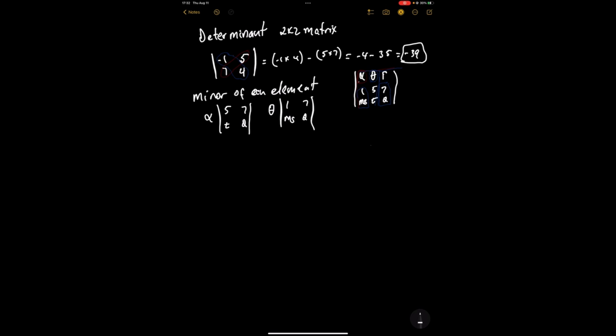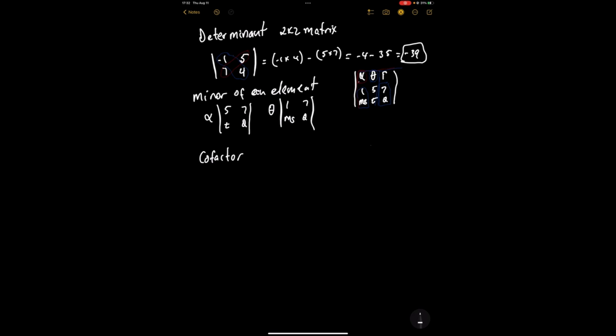Let's move on, because before we start doing more exercises, we have to get the terms out. Next, let's talk about cofactors. What is a cofactor? Well, I'm gonna put it that way for you.